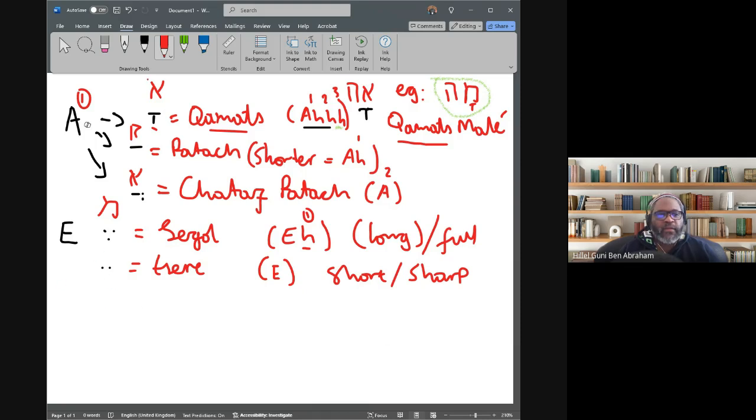And then we have a segol male, which means a complete segol. It means the segol is accompanied by the letter yud. Look at the letter yud over here.